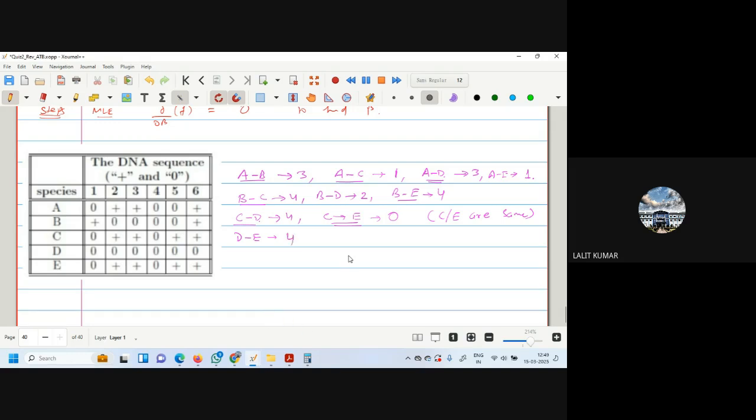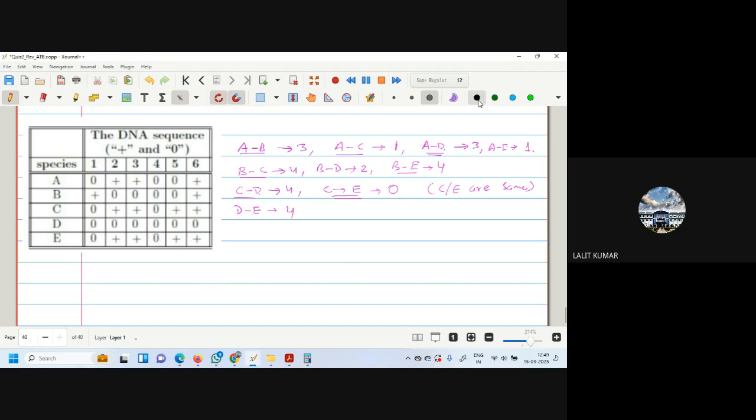Now we build the distance matrix. Your distance matrix will become A, B, C, D. E we are eliminating because it is the same. A to B is 3, A to C is 1, A to D is 3.